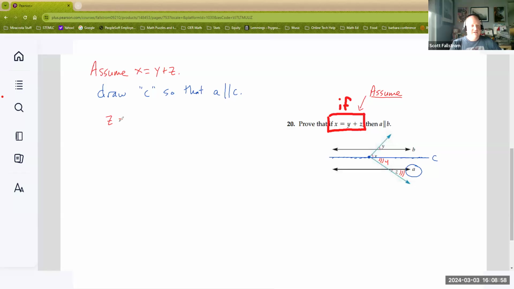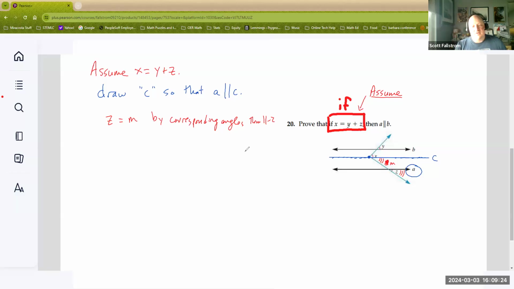So Z is equal to, and I shouldn't call it 4, so I don't want numbers to get mixed up, I will call that M. Okay. Z is equal to M by corresponding angles. And I believe the theorem was 11-2, maybe 11-3.